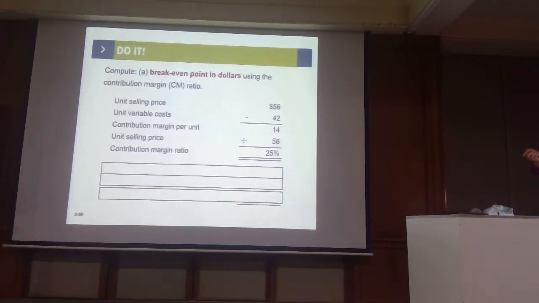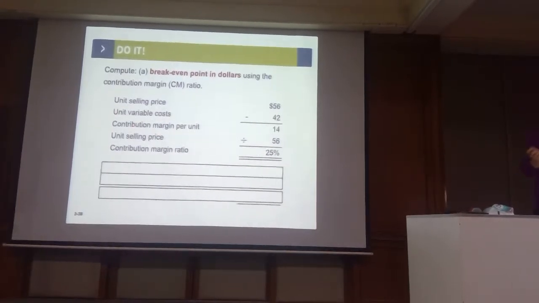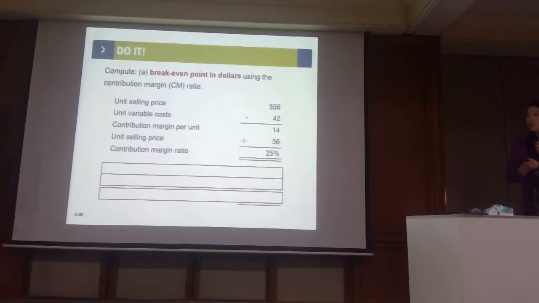And the meaning, let me say it one more time. For the contribution margin per unit, this means that for each unit that you sell, you will have a contribution margin of 14 to cover fixed costs and contribute to your net income. And for the contribution margin ratio, it means that for every dollar that you sell, you will have 25 cents of contribution margin to cover fixed costs and contribute to your net income. For the break-even point, we know that we need to cover all fixed costs.